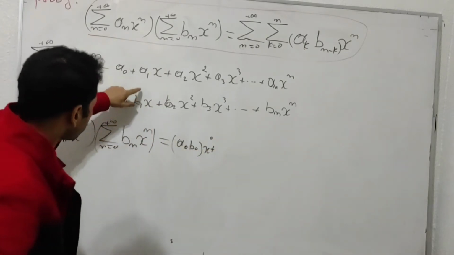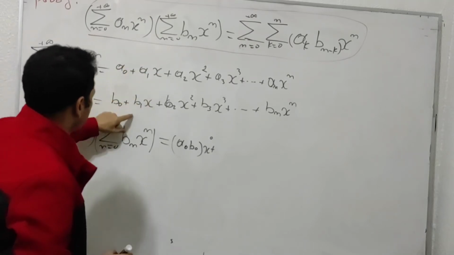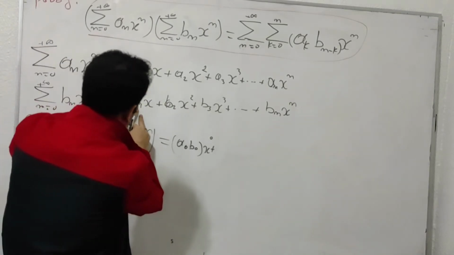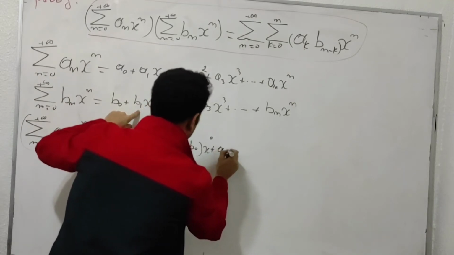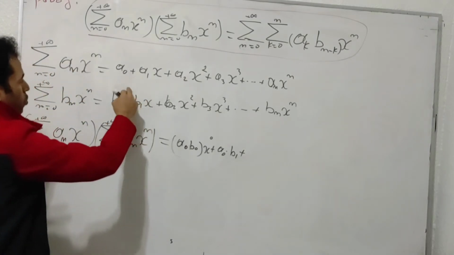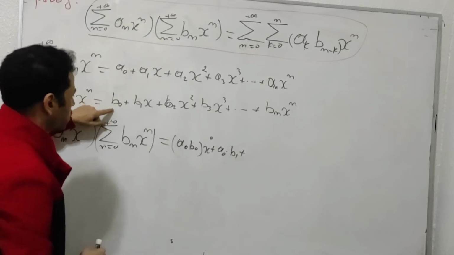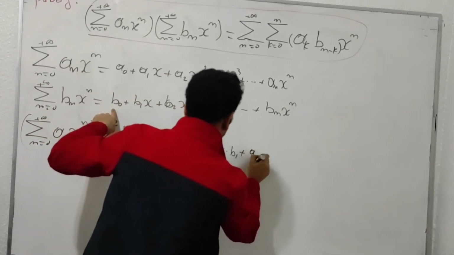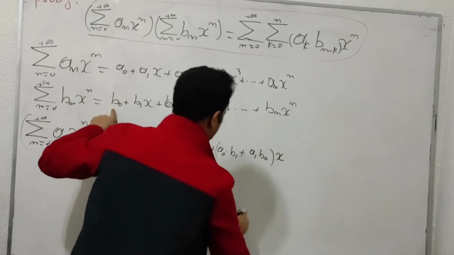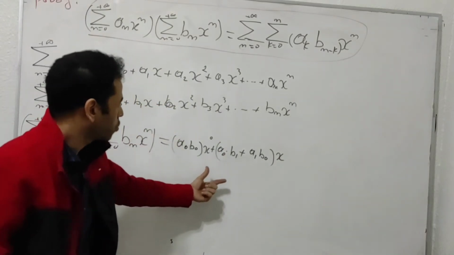For the second term, we have two ways to calculate the power of x. The first one, I multiply A sub 0 by B sub 1, plus another way: A sub 1 multiplied by B sub 0. These two terms are multiplied by x, okay? There is no other possibility where you can get this power of x, so we have these two.